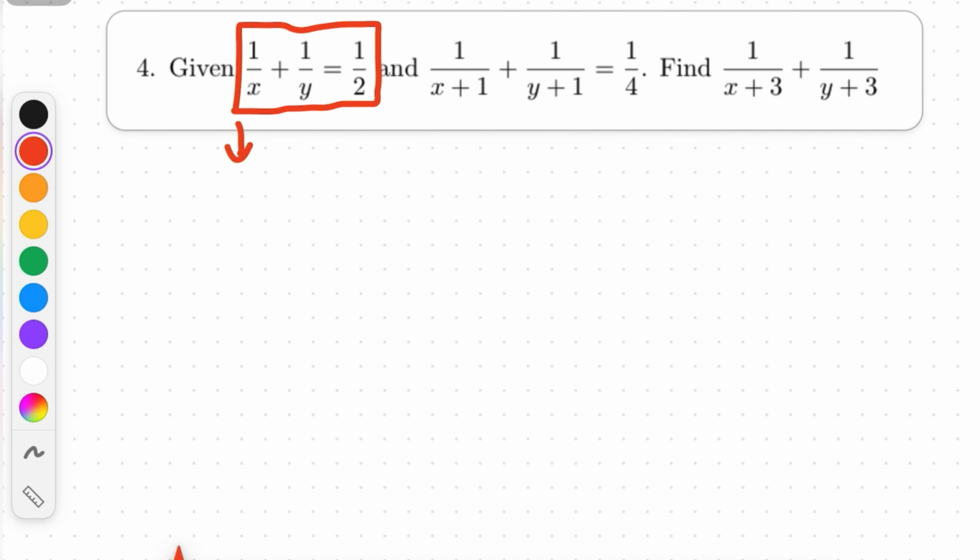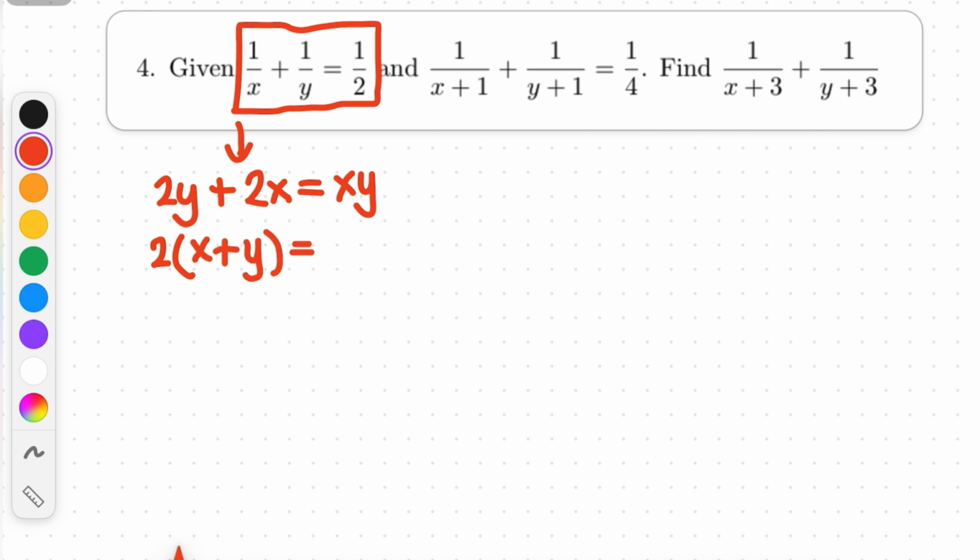That will give us 2y plus 2x equals xy. That can be written as 2 times x plus y is equal to xy. Let's call that our equation 1.